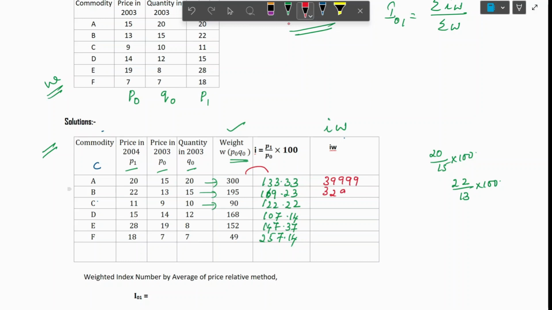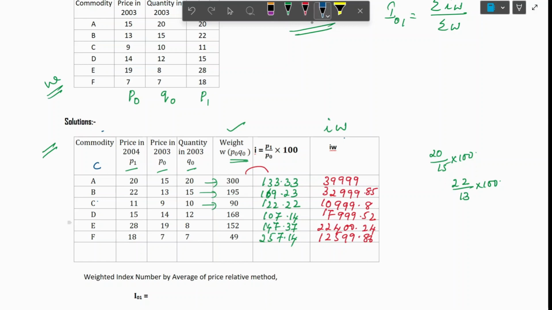Here 32,999.85, 10,999.8, 17,999.52, next 22,400.24, last 12,599.86. Now the columns we have completed, but two more pieces of information we record.